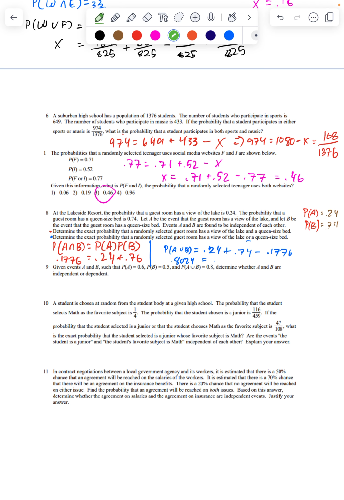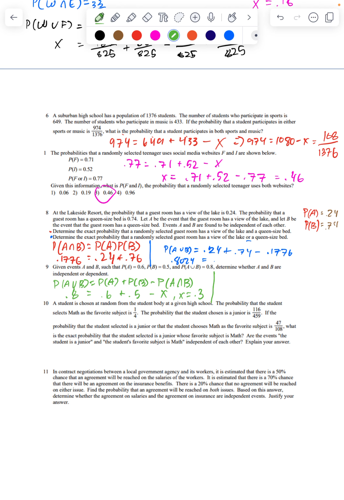All right, so we have to now determine their intersection. So this is asking us to determine their intersection first. So P of A union B equals P of A plus P of B minus their intersection, which is P of A intersection B. All right, so first thing we're going to do is 0.8 equals 0.6 plus 0.5 minus x, and we're going to get x equals 0.3.